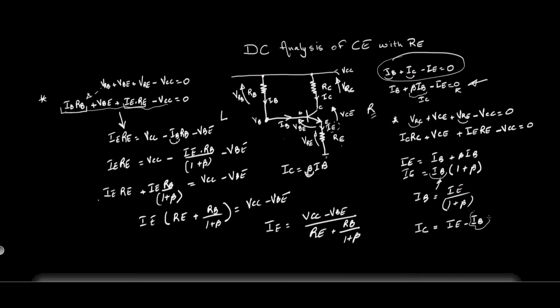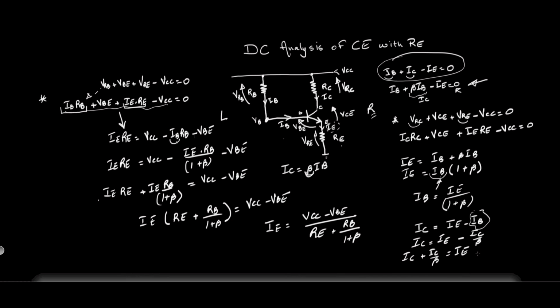We already know the relationship here. So if you want it in terms of beta, you could do that. So you could do something like this. IC equals IE minus IC over beta. Can we move it to the side here? Sure. IC plus IC over beta equals IE.